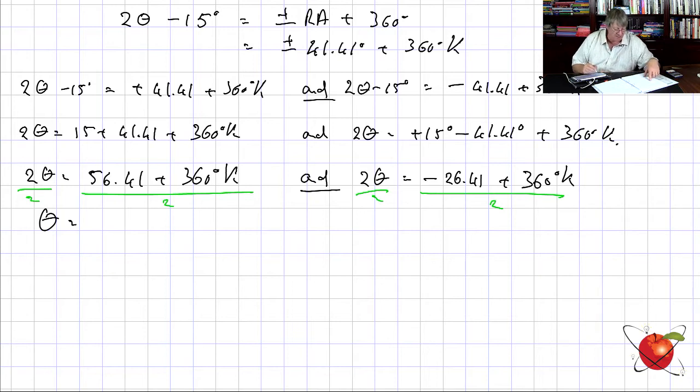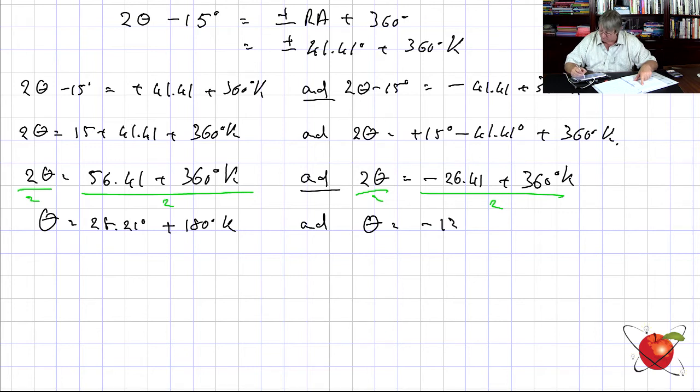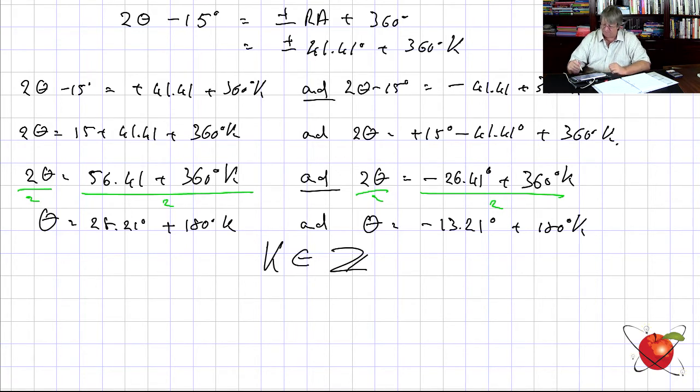So θ is equal to 28.21° + 180°K, and θ is equal to −13.21° + 180°K. Those are my two answers. And lastly, K is an element of Z.